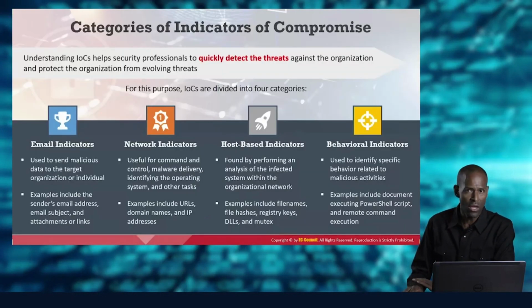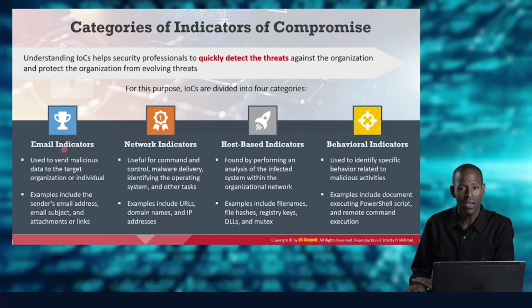So if we look at IOCs, there are actually different types of indicators that can help us to detect threats. For instance, there are email indicators. These are used to send malicious data to target organizations by means of email. Like the sender's email address, subject, attachment, and header information could give us a good email indicator.